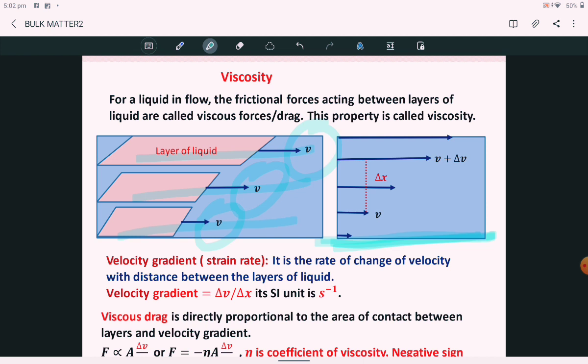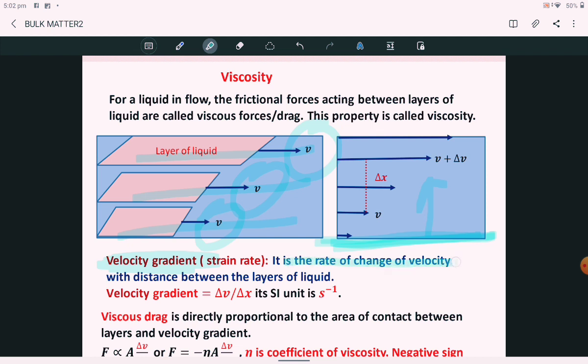And the more we go away from the fixed surface, that is here from the ground, there we will find that the velocity is increasing continuously. So there we will find the velocity gradient. A velocity gradient means that there will be change in velocity with respect to distance between the two layers of the liquid.